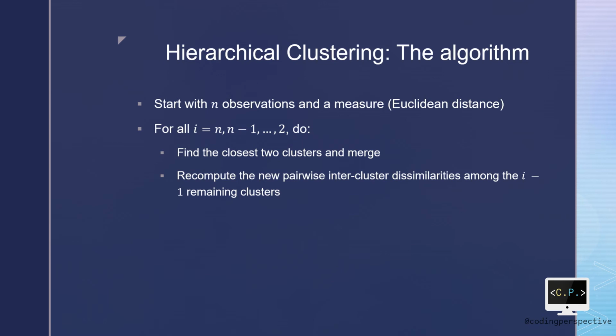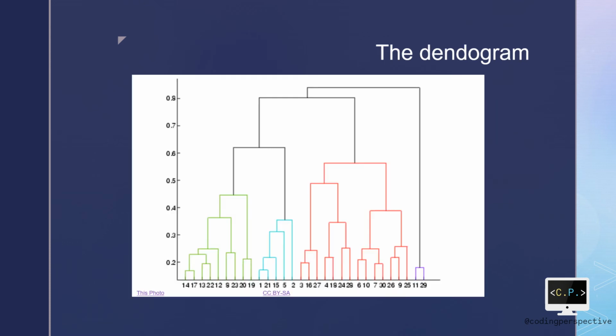Then identify the pair of clusters that are the least dissimilar, which is the most similar ones. Then we are going to fuse these two clusters. The dissimilarity between these two clusters indicates the height in the dendrogram at which the fusion should be placed. And lastly, we compute the new pairwise intercluster dissimilarities among the i-1 remaining clusters.